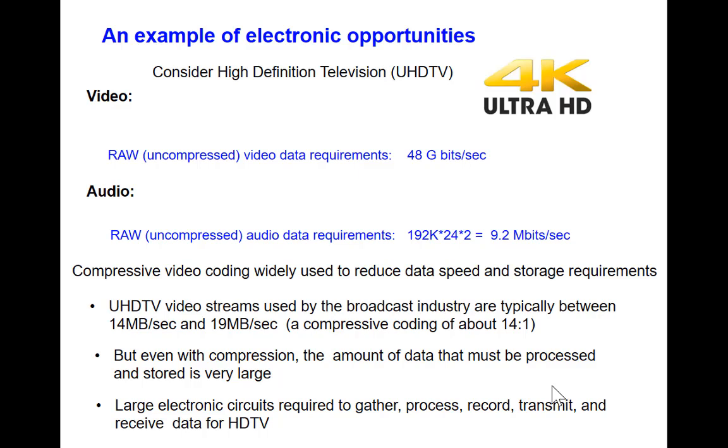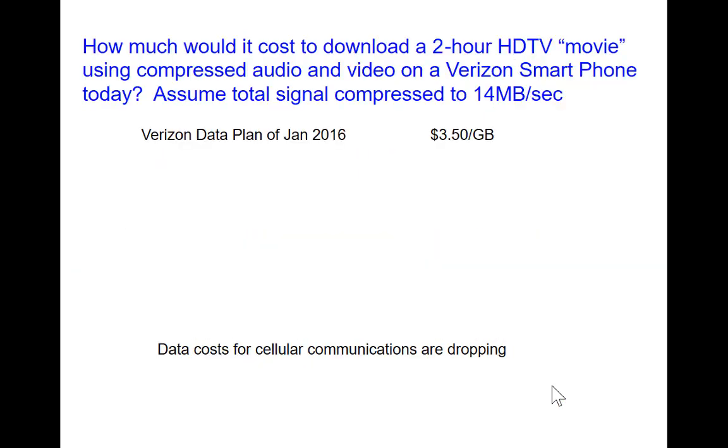But even with compression, the amount of data that must be processed and stored is still pretty large. And the cost of transmitting even that compressed data is still pretty large. So instead of having $150,000 costs, we can divide the 43,000 gigabytes by 14. We only need 3,070 gigabytes of data. And consequently, the cost of that 4K UHD stream is only $10,700.